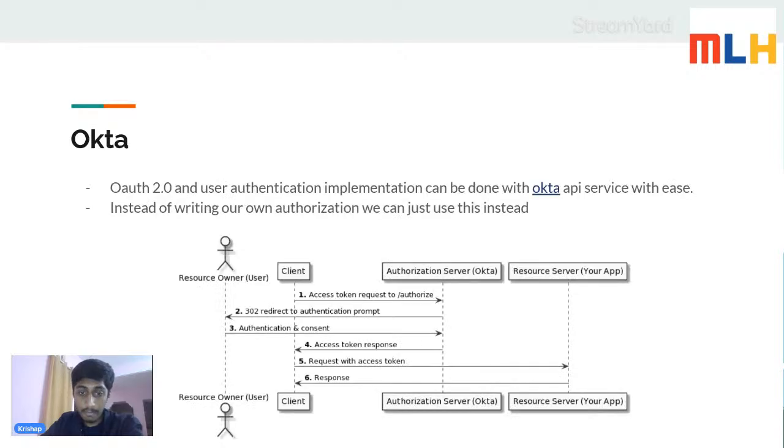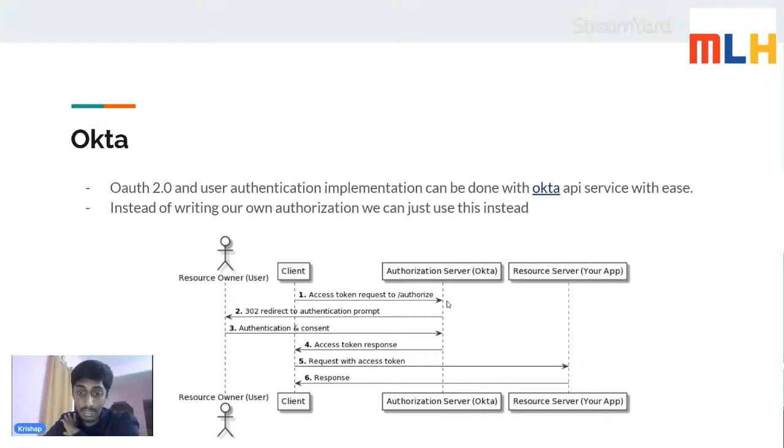So again, the actors: the authorization server, Okta; our resource server, basically what the third-party application is trying to access from us; and then the client themselves, and us. So again, this is a basic authorization code flow.